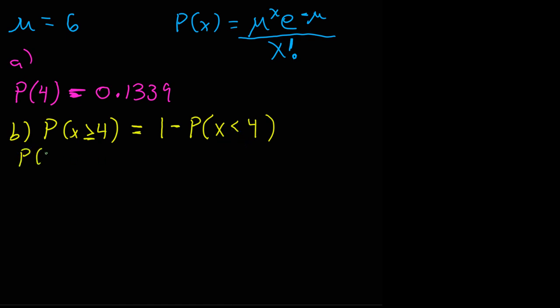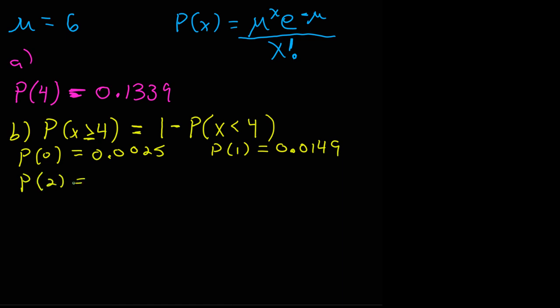So we want to look at P0. Again, going to our column and grabbing P0, we get 0.0025 out of the table. We look at P1, the probability of just having one birth in that time, and we get 0.0149. We look at the probability of 2 births per minute, and we get 0.0446. And we look at the probability of 3 births per minute, and we get 0.0892.